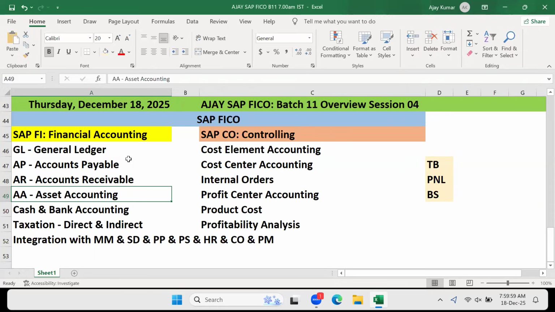Yes, the company will give accommodation. The company will also provide the transportation. Meaning all their expenses, all their maintenance is taken care of by the company. Is my statement correct or not?